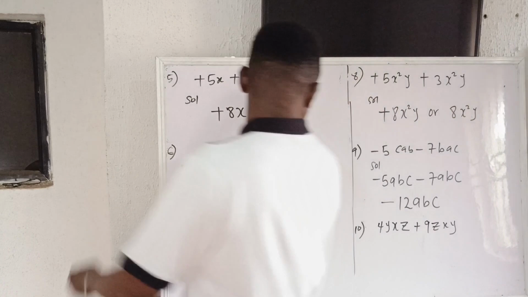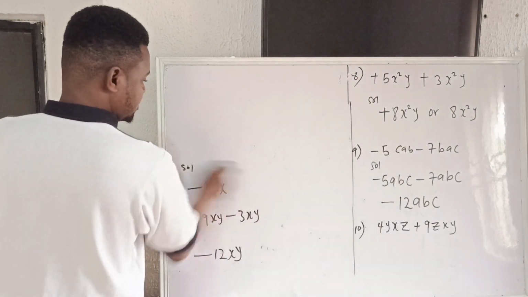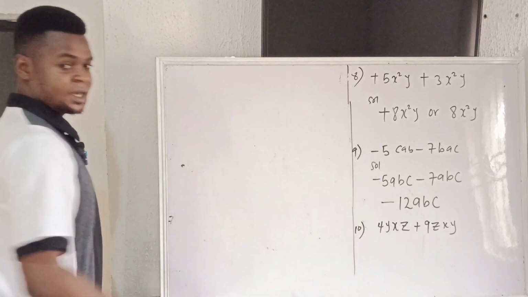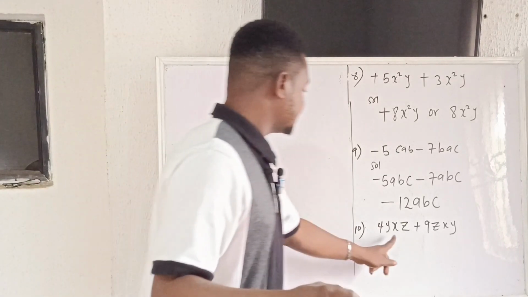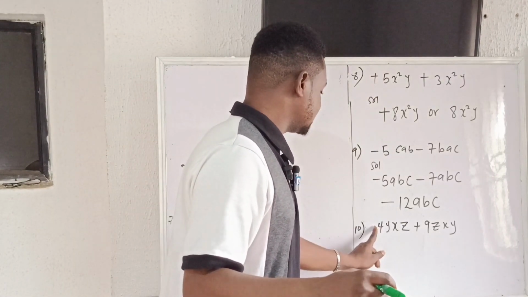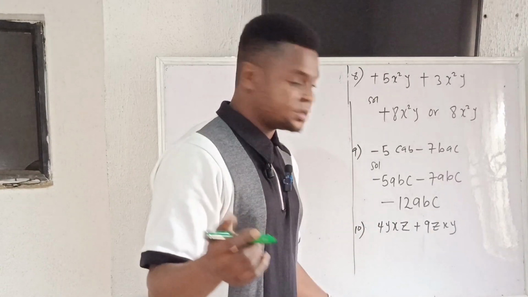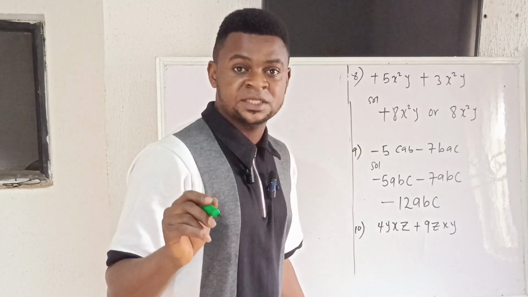So let's look at this on this other side. If we want to simplify 4yxz, how do you simplify it? This is not hard. First thing is identify the signs. Sign for 4yxz is what? Plus. Then looking at the variables, I'm having more than one variable attached to 4. Are the variables arranged in alphabetical order?